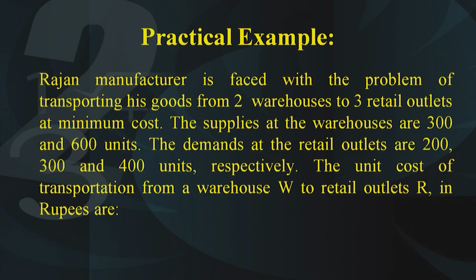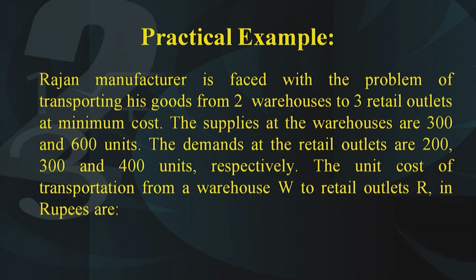Rajan Manufacturers is faced with the problem of transporting some goods from 2 warehouses to 3 retail outlets with a minimum cost. So, the objective of the manufacturer is to achieve minimum cost.